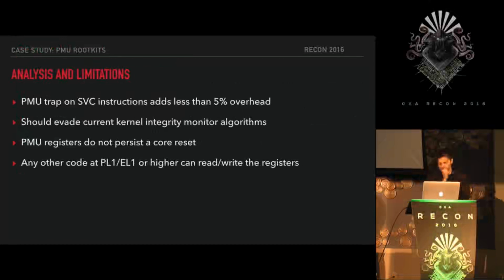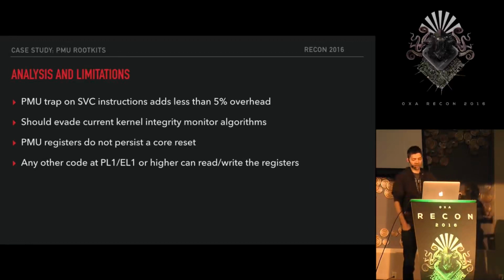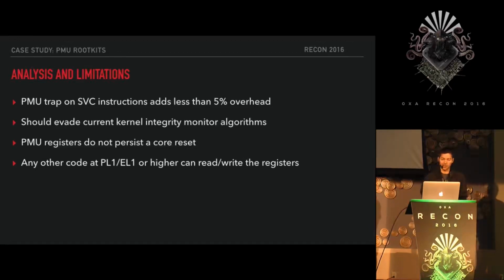So some analysis and limitations. Trapping supervisor call instructions seems to add anywhere from 2 to 5% overhead, depending on the load on the device. And I mentioned it should evade current kernel integrity monitor algorithms. I didn't validate this, but I'd be surprised if these monitors cared that all we've done is registered an interrupt service routine.